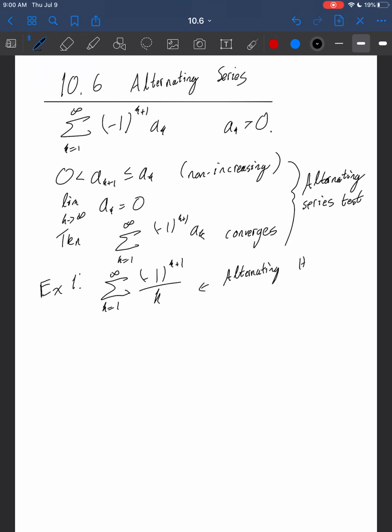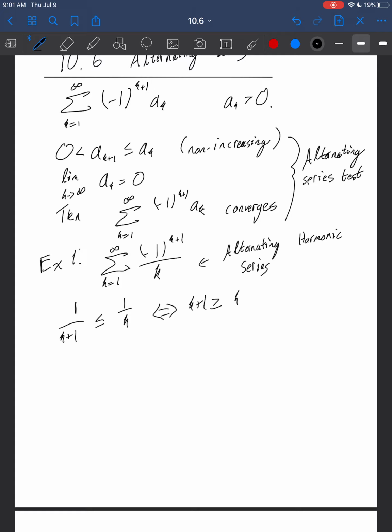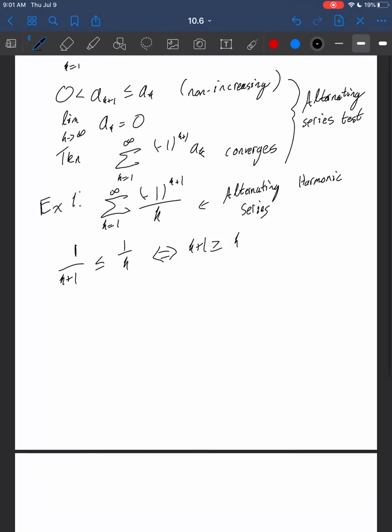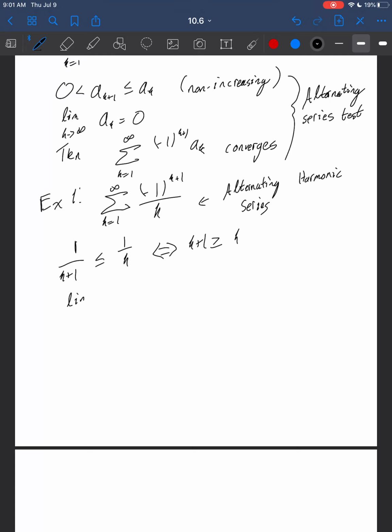So this is the same as showing that k plus 1 is greater than or equal to k, which is certainly true. So we do have this condition where the terms are non-increasing, and again, 1 over k is always positive, and so we do satisfy this first condition here.